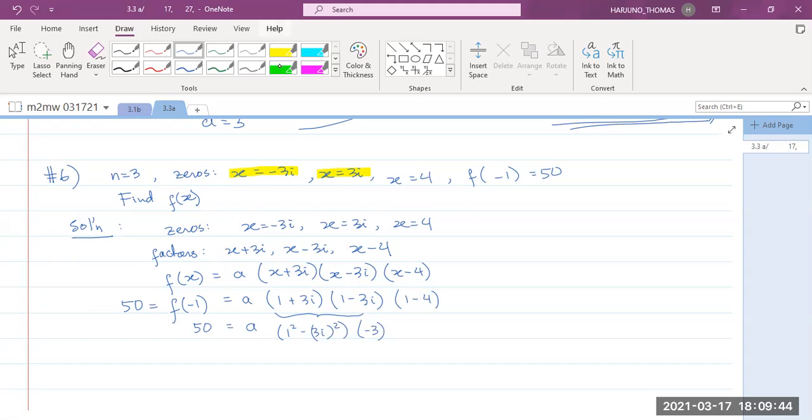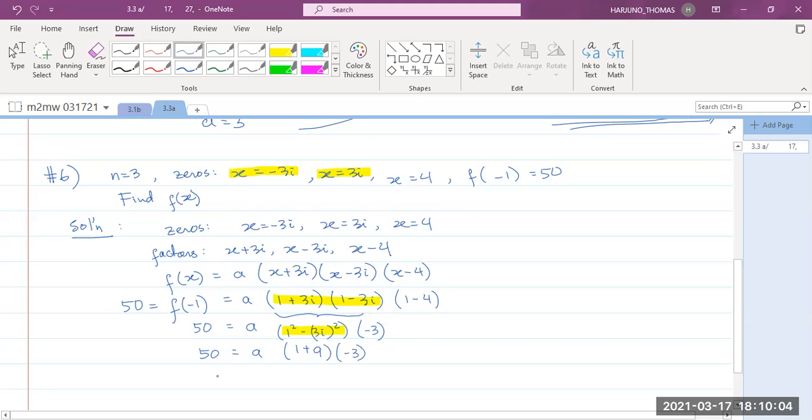What I did here is see that as a difference of squares. So 50 is equal to A times (1 plus 9) times negative 3. So that's negative 30A.